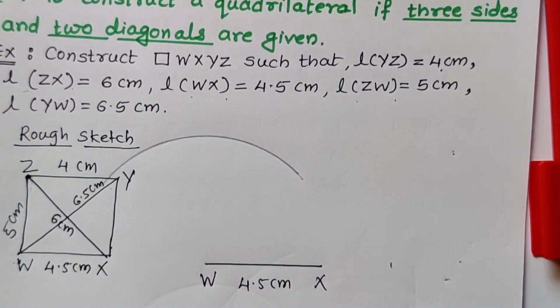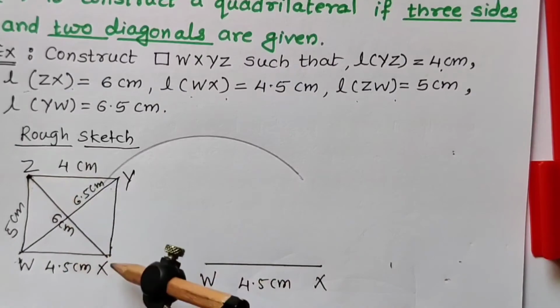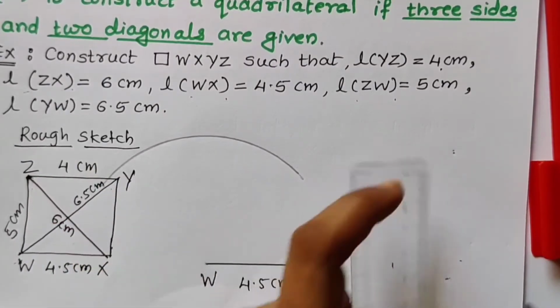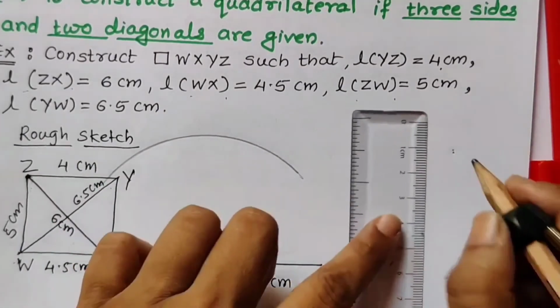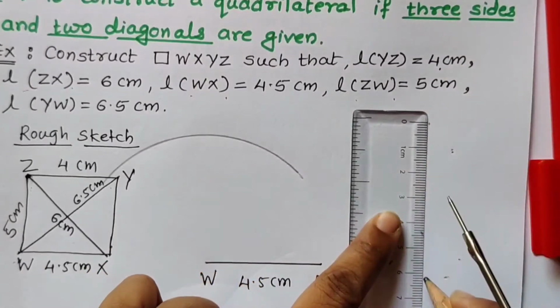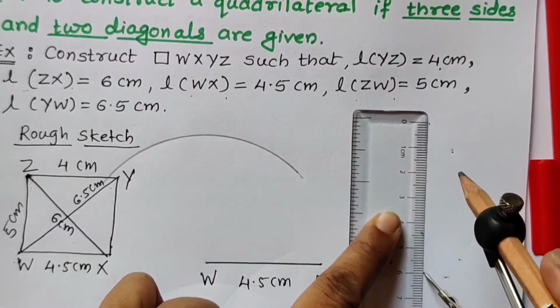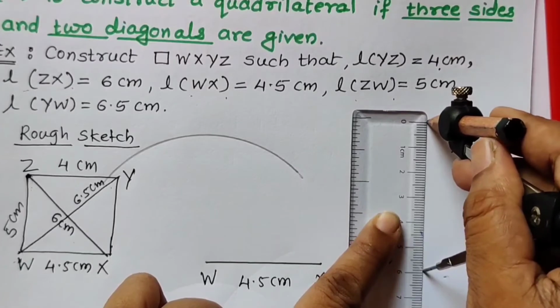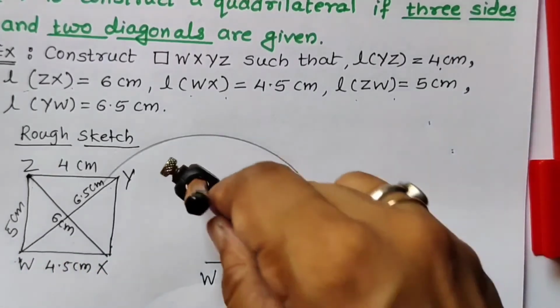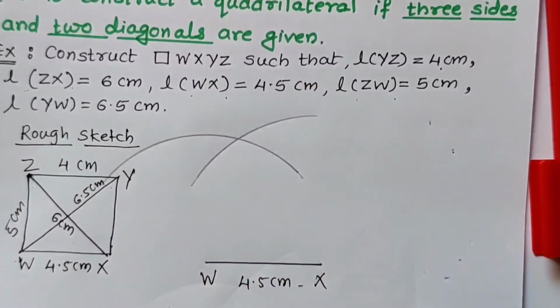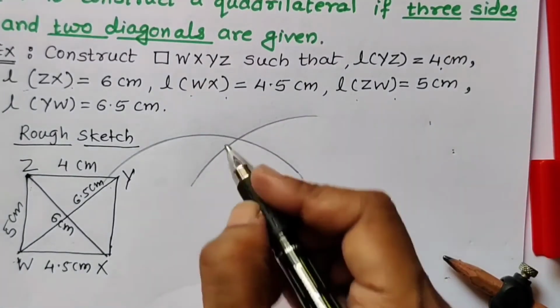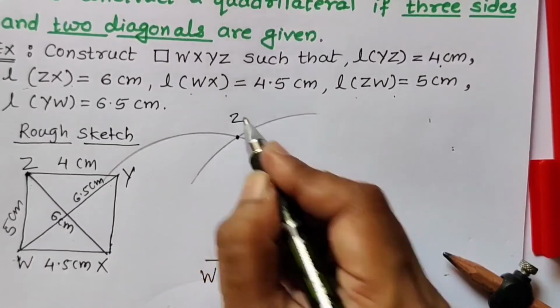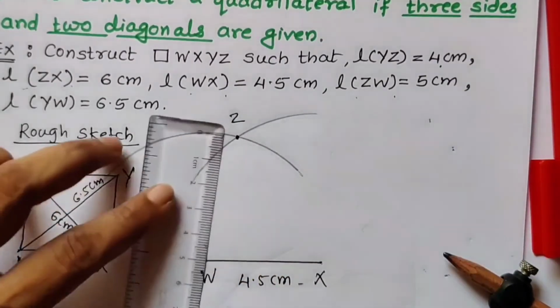Now see, point Z is at 6 centimeter from X, so I am going to take 6 centimeter distance in my compass. From X I have drawn an arc at 6 centimeter, and in this way we have got point Z. We have fixed the position of point Z.